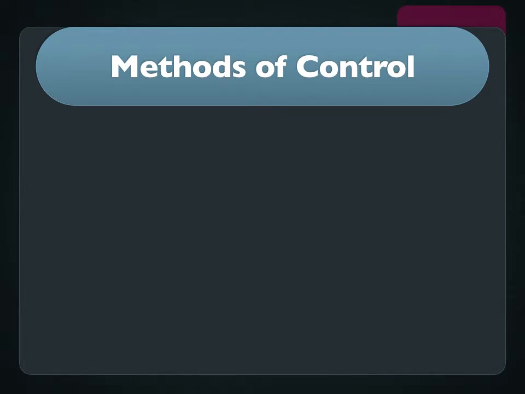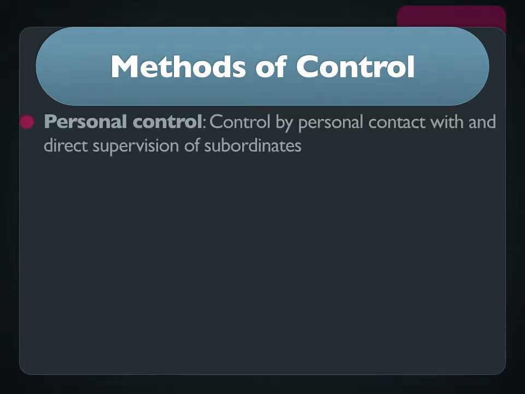Some of the methods of control: there's personal control, so control by personal contact and with direct supervision of subordinates. This happens often in situations in which the task of the employees is incredibly complex and incredibly difficult, and so in order to make sure that things are being done, having that kind of direct supervision can be important.